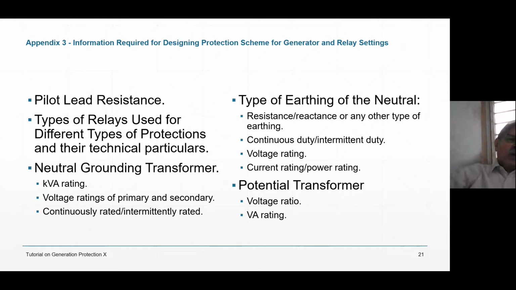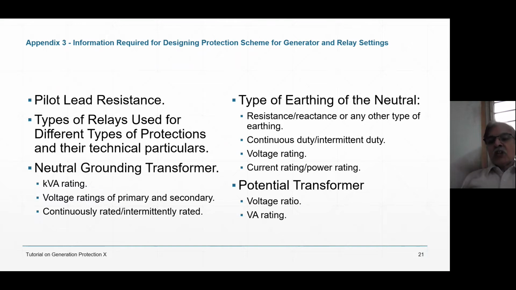Neutral grounding transformer: you should know the kVA rating. There is a formula, but you should know the voltage ratings of primary and secondary. Usually, the line to line voltage is the primary voltage of the NGT and 240 volts is the secondary voltage. Continuously rated or intermittently rated? Because the NGT is not normally in the picture, it is usually not continuously rated; it is intermittently rated.